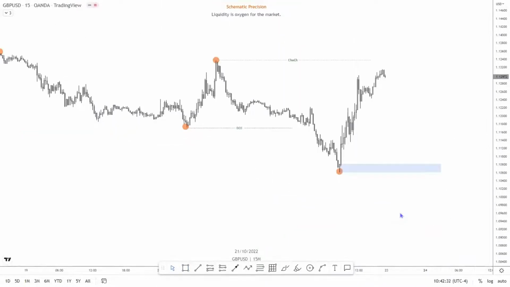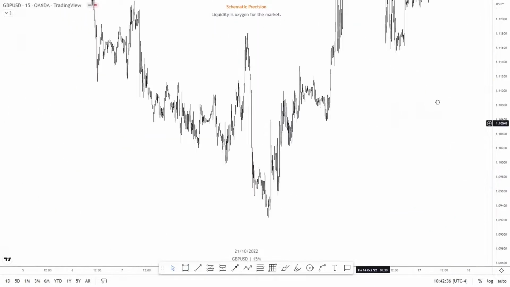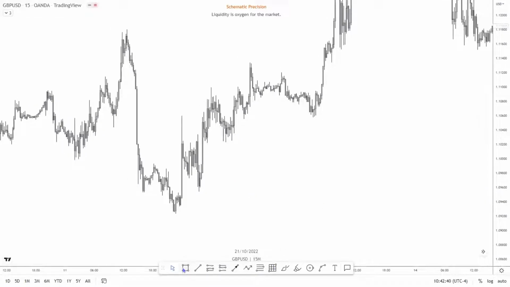And if you remember, last week on 15-minute, I showed you something in this area. You can refer to the analysis video on YouTube as well. I showed you every order flow here was mitigated. If you remember, this one, and this one as well, everything was mitigated.